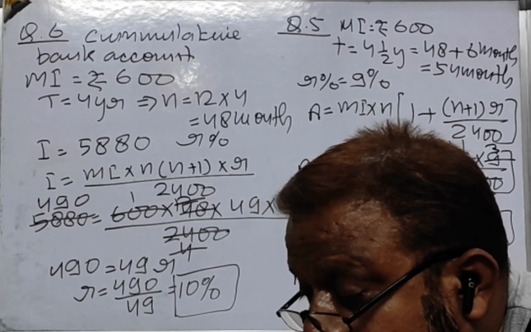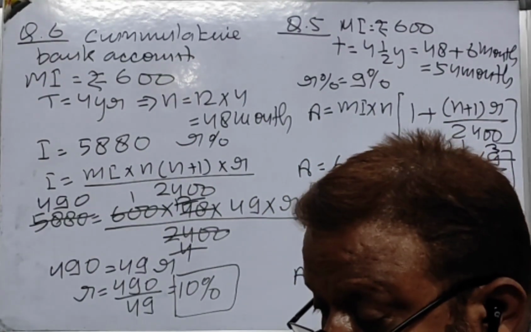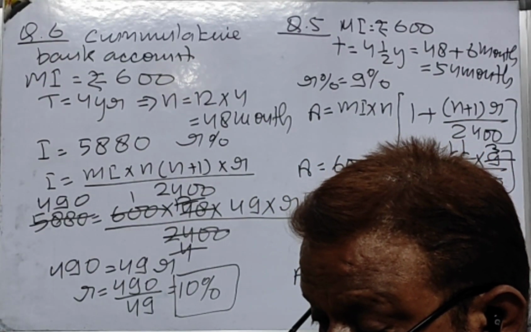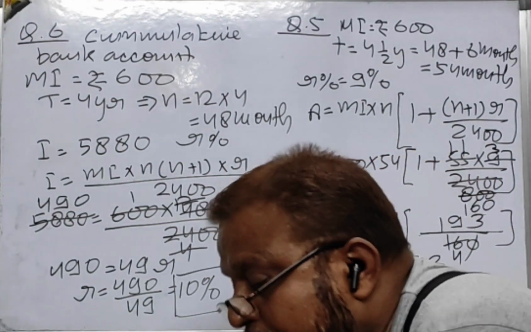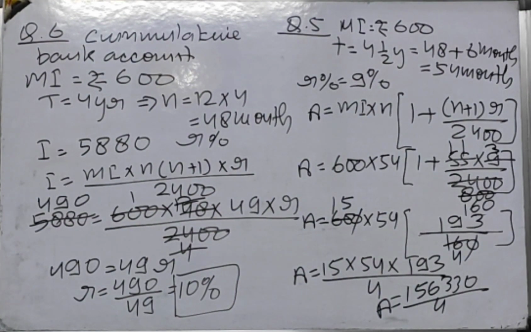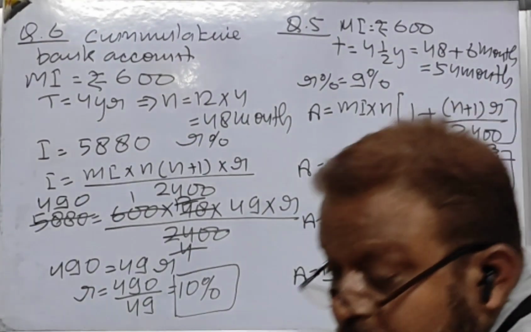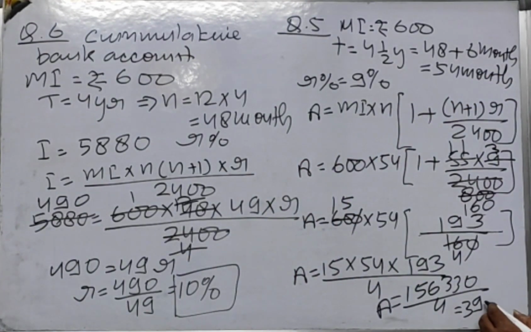When you divide it by 4, that is around 39,082.5. Did you get this? I sent you the answer of this, so check it out.